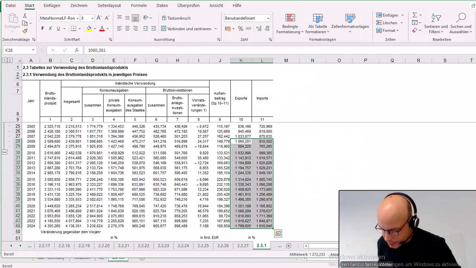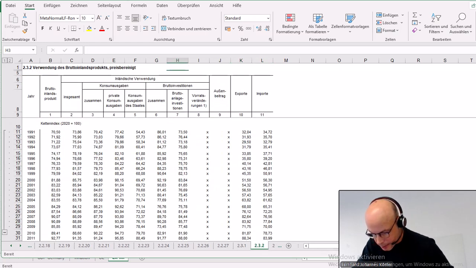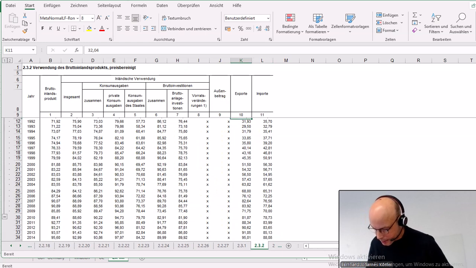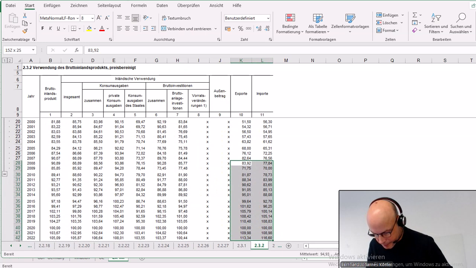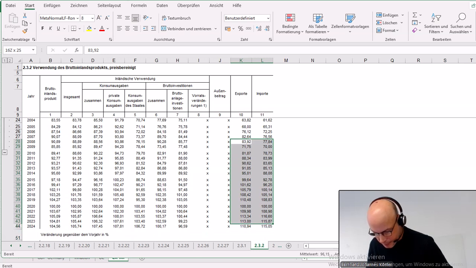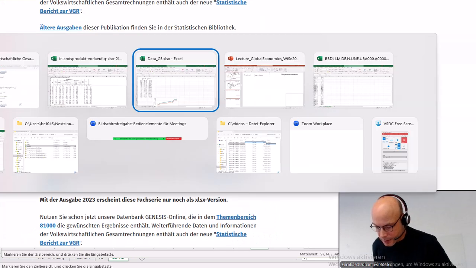And the real ones, I think they were here. This is the index starting from 2008.